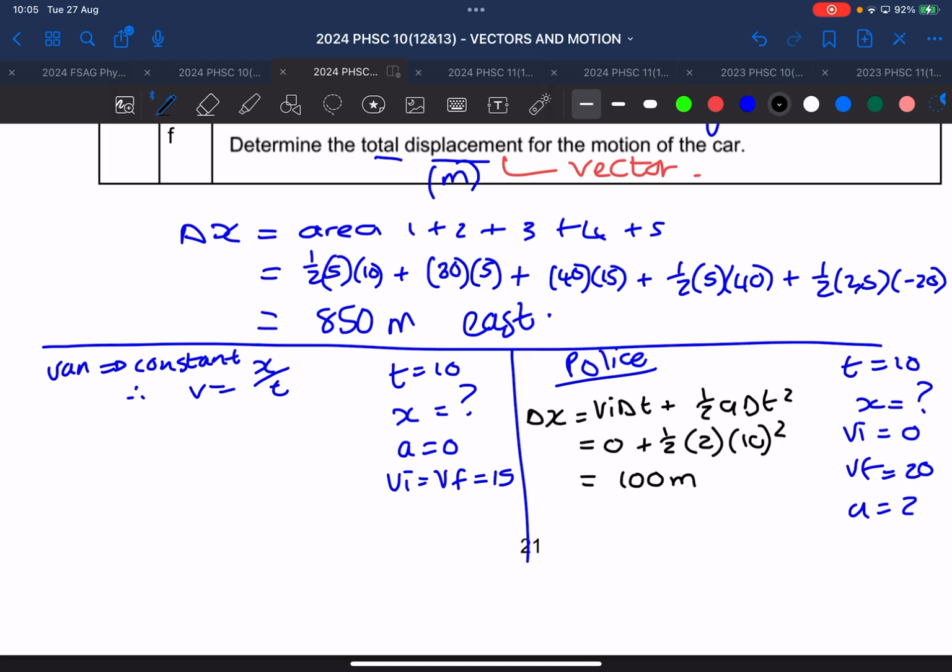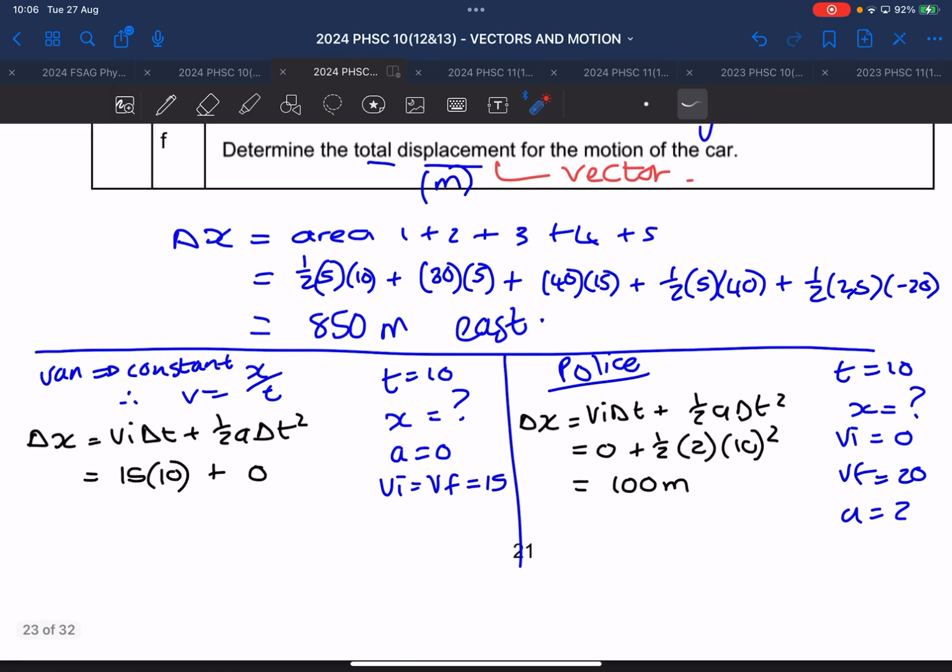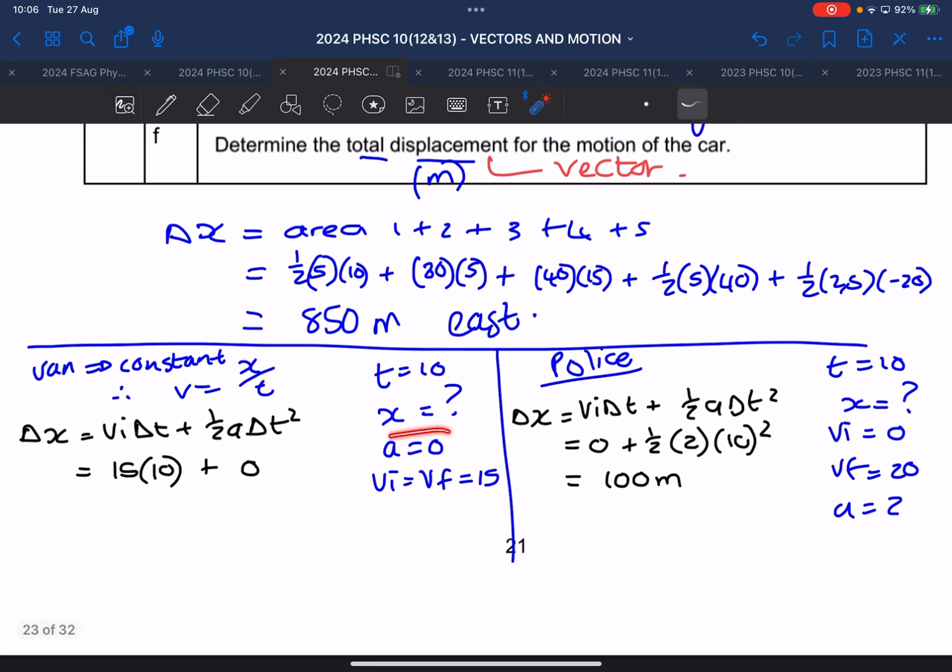If I use exactly the same formula for the van, now you could have used another formula, but you can use exactly the same formula for the van. But this time, initial velocity is 15, the time is 10 seconds, plus 0. Why? Because the acceleration is 0, because it's moving at a constant velocity.